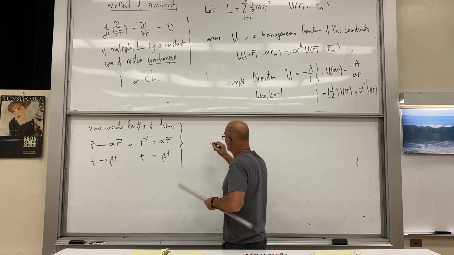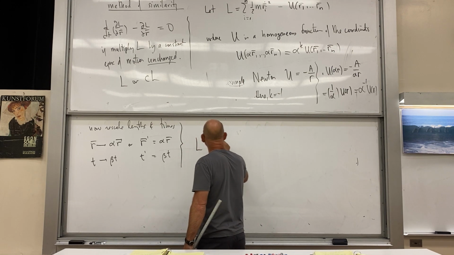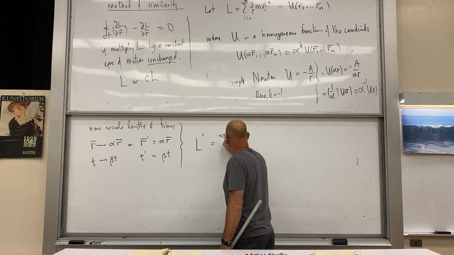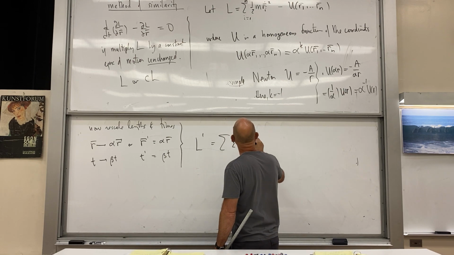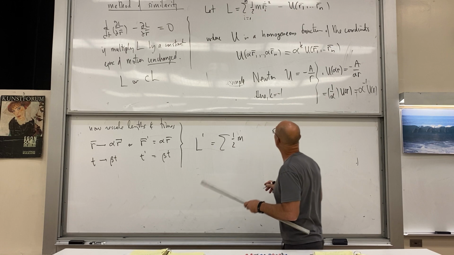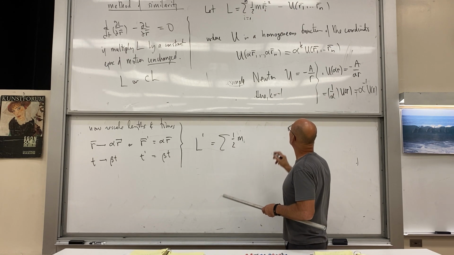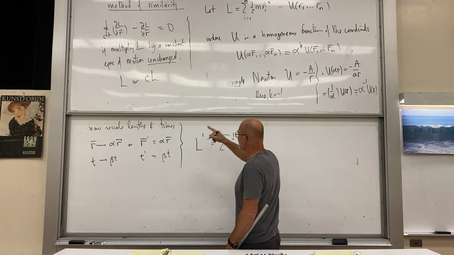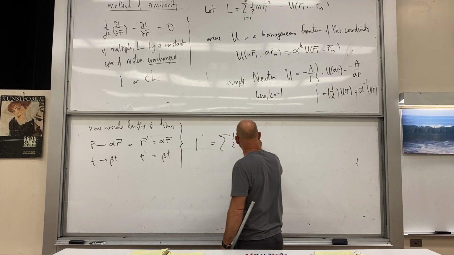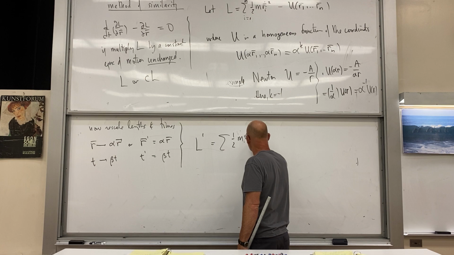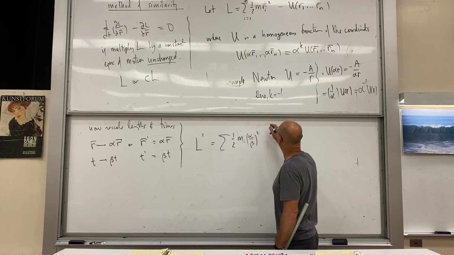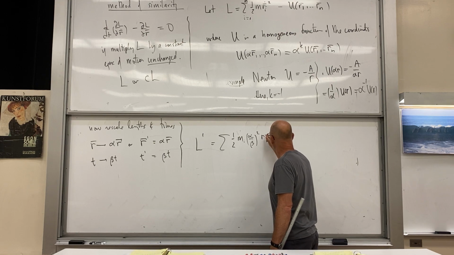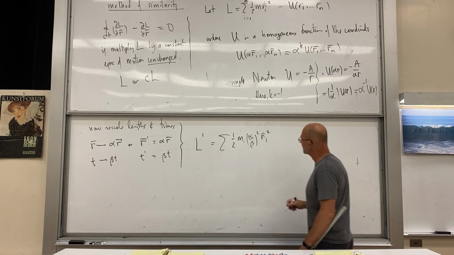Then this L prime is going to be the sum over 1/2 m sub I times R sub I dot squared. That's a velocity, so that's a length over time. So we have alpha over beta squared times R sub I dot squared.